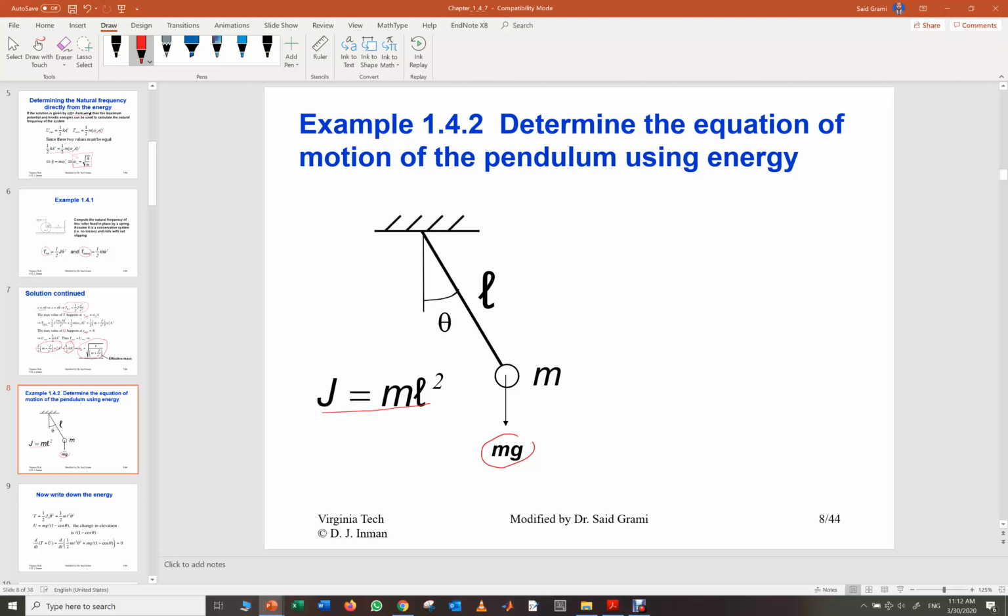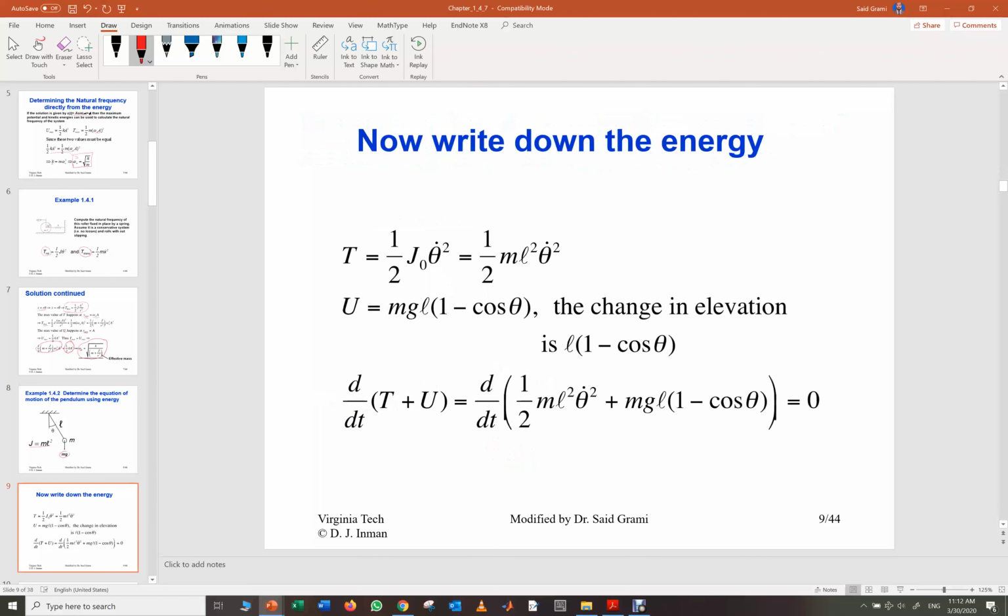As you see here, if you use the free body diagram, it's very difficult to find the equation of motion. So we are going to use the concept of energy to find the equation of motion. It will be easier. The kinetic energy is half J theta dot squared, which is half m L squared theta dot squared.